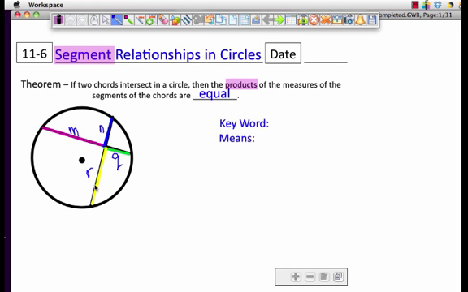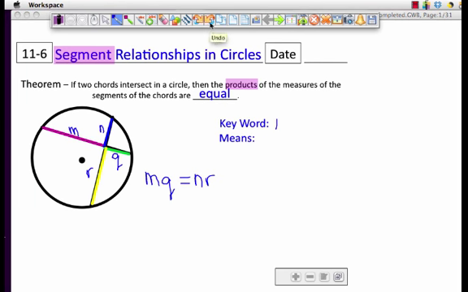A lot of times you'll hear me just use the word crisscross because it's not exactly cross multiplication, but it's the same idea. You multiply M times Q, and that equals the other segment, N times R. Notice it doesn't mean that the two chords are congruent, but the product is congruent. M times Q is equal to N times R. And so the key word here is where they intersect inside.